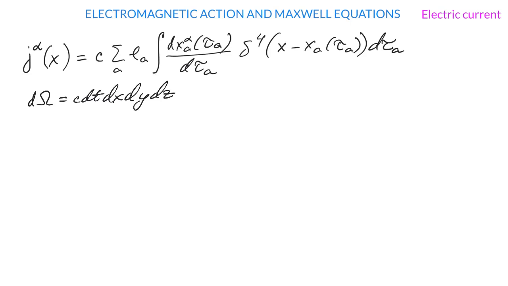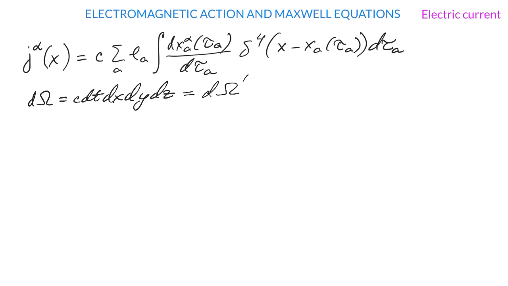The four-dimensional volume transforms according to the usual rule that when you switch to the new variables, the element of the volume is multiplied by the Jacobian. But the Jacobian of the transformation is just the determinant of the Lorentz matrix, which is always 1. So d omega is actually invariant with respect to Lorentz transformations.